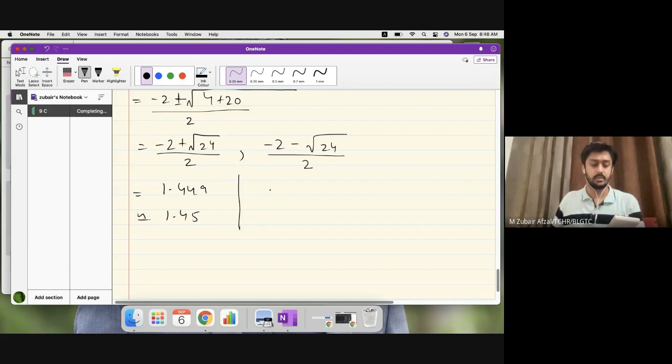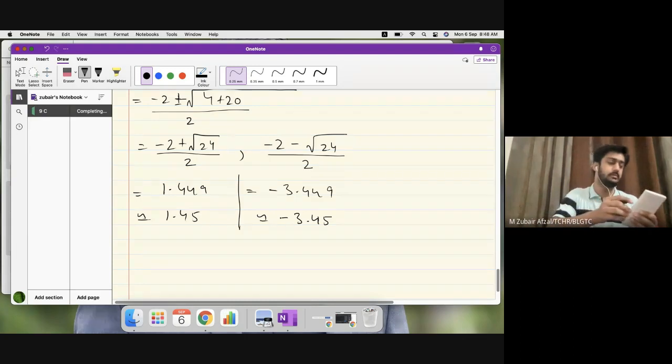So the other number is negative 3.449. Again, I'll have to round off. This is negative 3.45. Any confusions? No confusions?